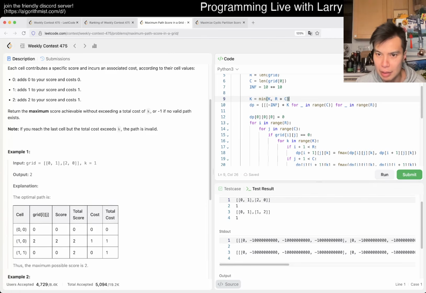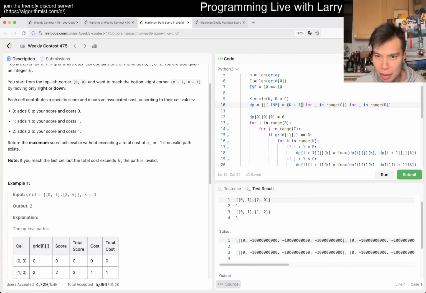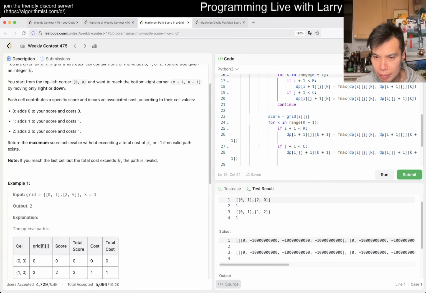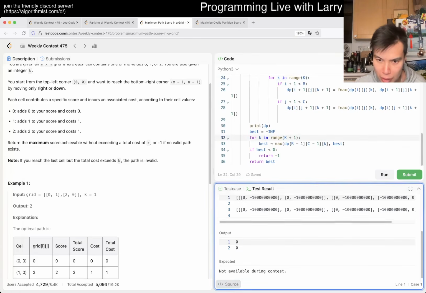Precisely, but then now this has to be K plus 1 so that we get the inclusion, and then okay, that's just sloppy though.